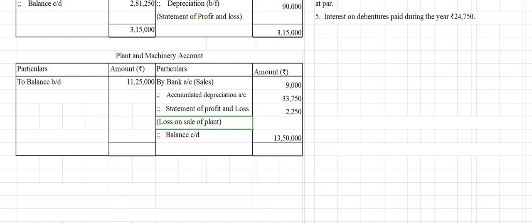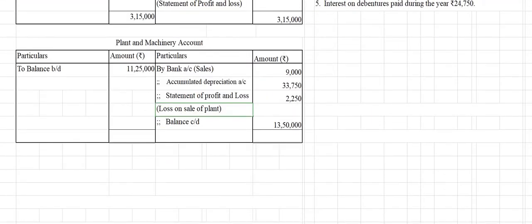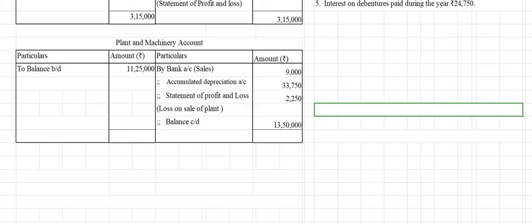So we can write that here in bracket, loss on sale of plant and machinery, isn't it? Anyway, you understood that. So loss on sale of plant and machinery 2,250.